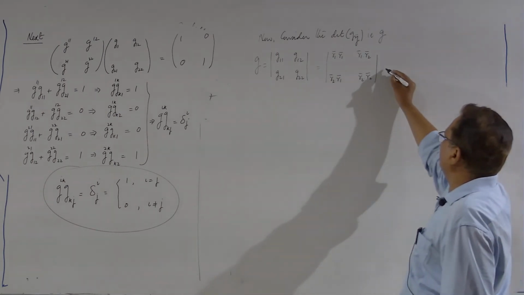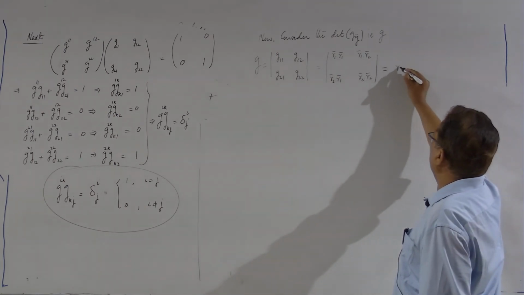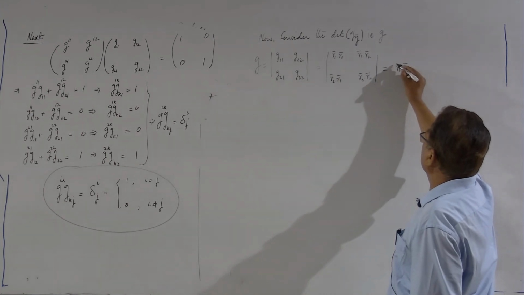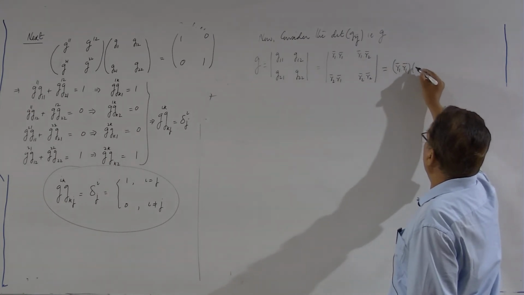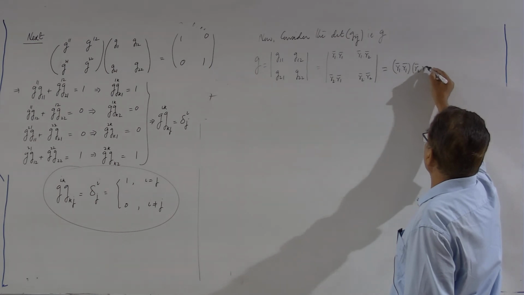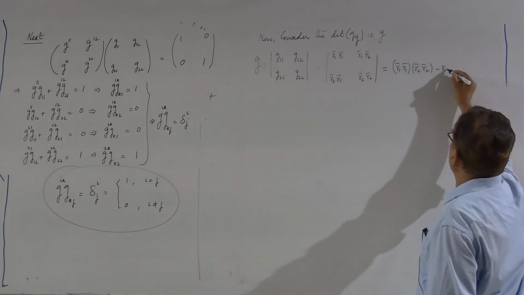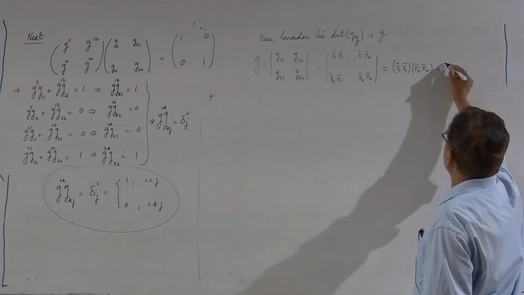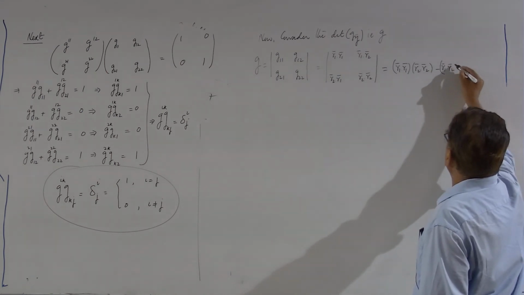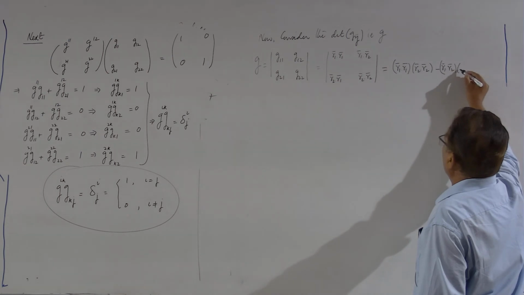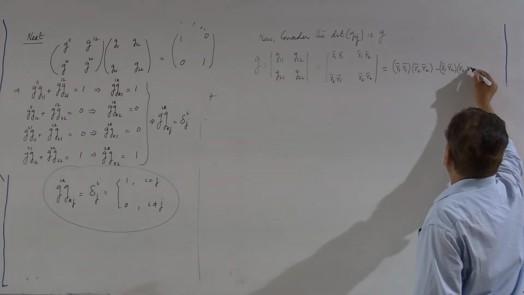And if you expand it, it will be R1 dot R1 multiplied by R2 dot R2 minus R1 dot R2 into R2 dot R1.